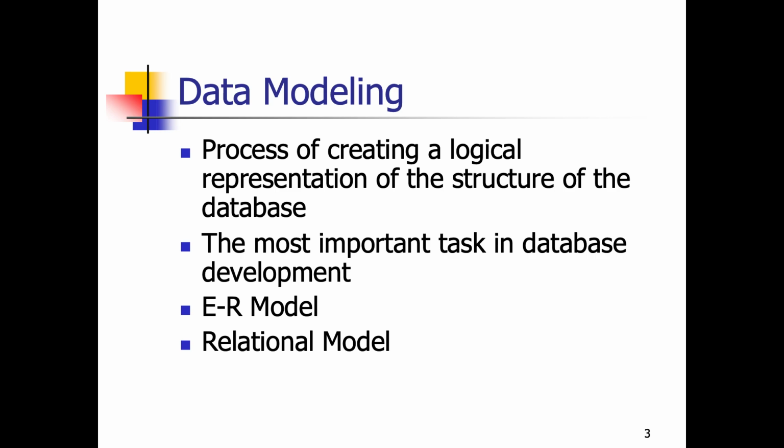If you don't design it properly at this stage, you will later face lots of issues with your actual database implementation. So it's important to understand the entities, different types of entities, the attributes, the relationships, and the cardinalities, which we are talking about today.